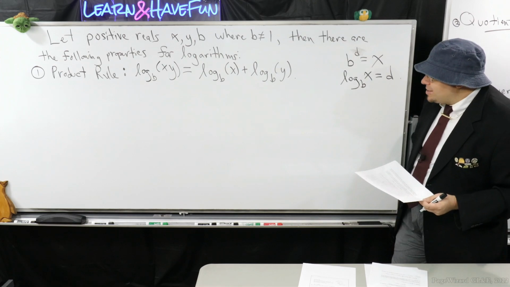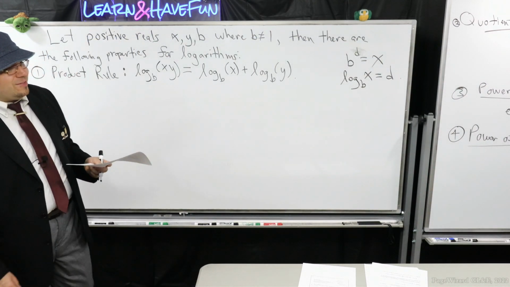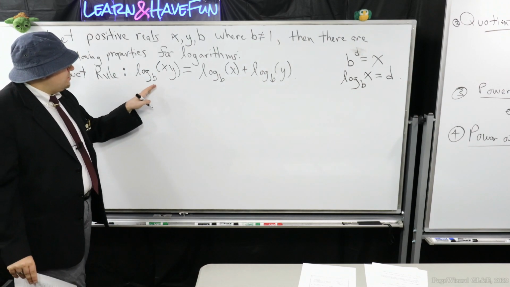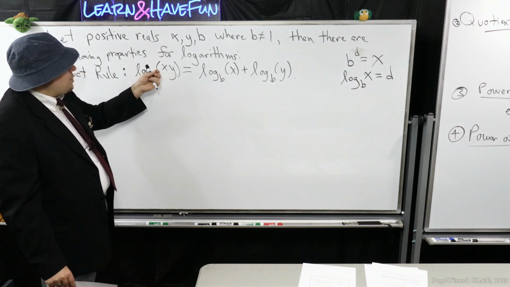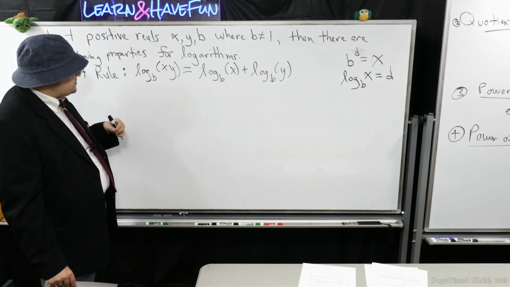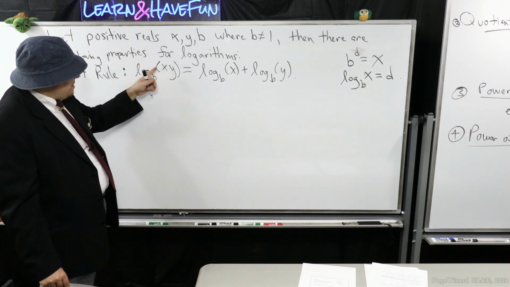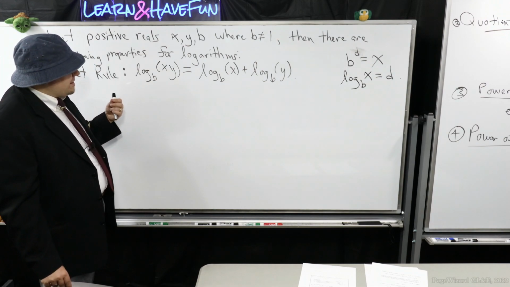We have actually looked at something like this before. It should remind you of the product property of exponents. B to the something is equal to x times y. Well, think about this carefully.